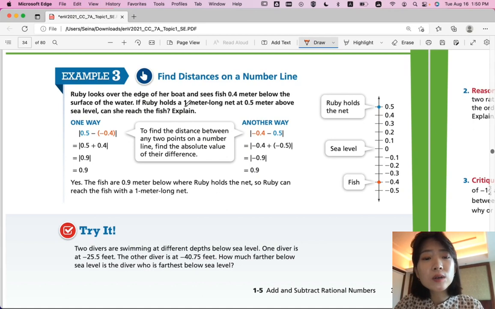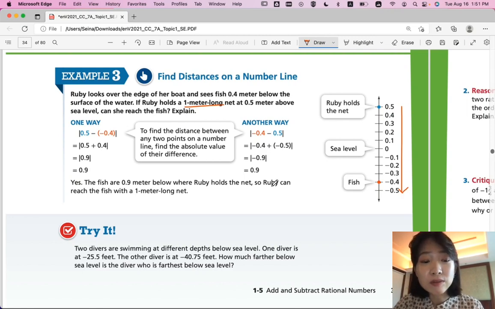So you know she's holding a 1 meter long net. So if she holds the net here, 0.5 meter above the sea level, your net could go down 1 meter. Is it going to be enough? Yes, 0.5 minus 1 is negative 0.5, and your fish is between that range.